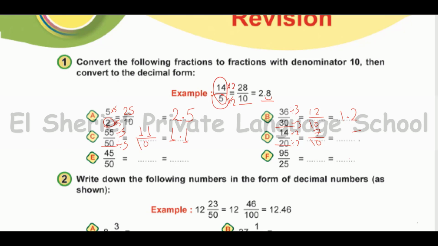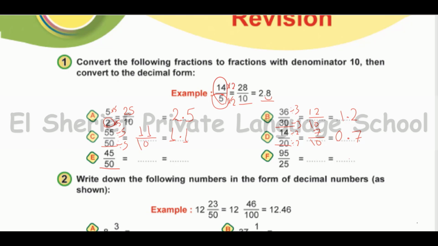Put 7 as it. Then put the decimal point after one digit. But here we haven't any number in the whole part, so we put 0. If we have a proper fraction, we put 0 in the whole number.